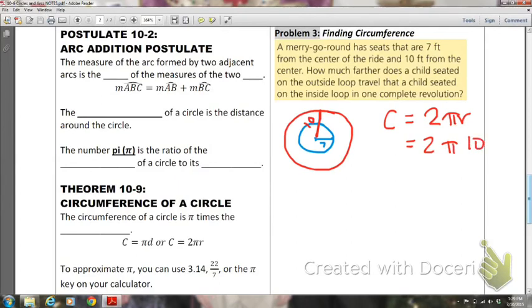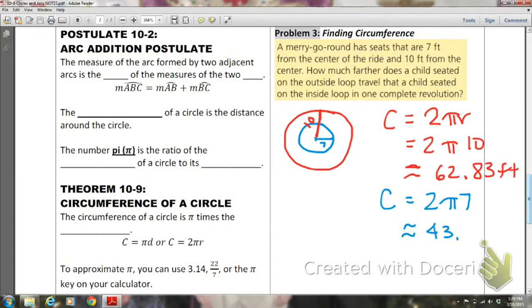So you've got 20 pi, which is approximately 62.83 feet for those outside seats. Now on the inside seats, the circumference is going to be, once again, 2 pi times the radius, but here the radius is 7. So you've got 14 pi, which is approximately 43.98 feet.